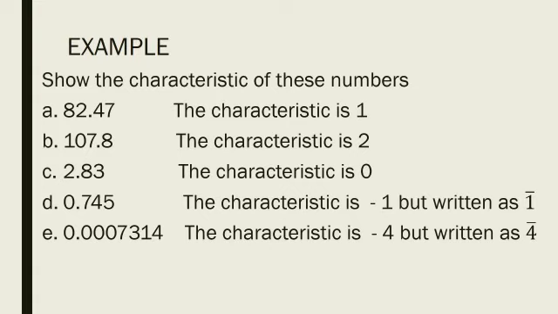Because 10,000 has 4 zeros, that's why the characteristics is 4 there. But it's not positive 4, it is negative 4, because it is after the decimal point. So it is also written as bar 4. So that is how you determine the characteristics of your numbers under logarithm.